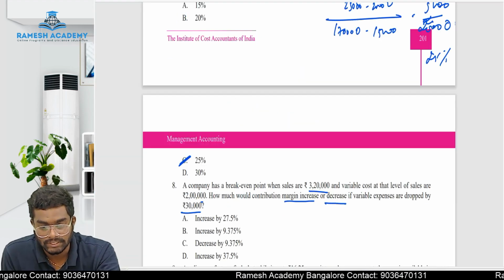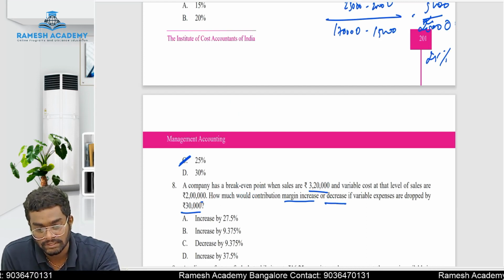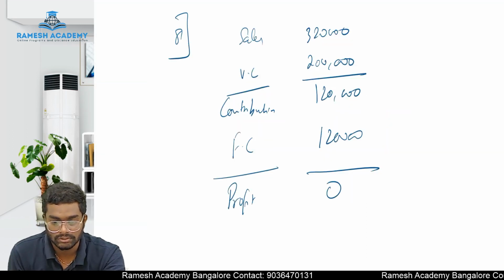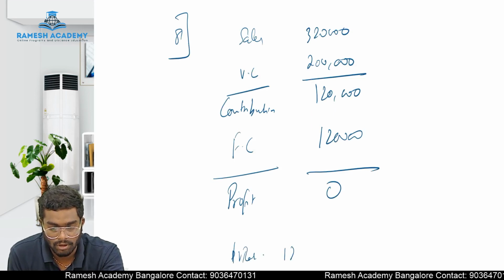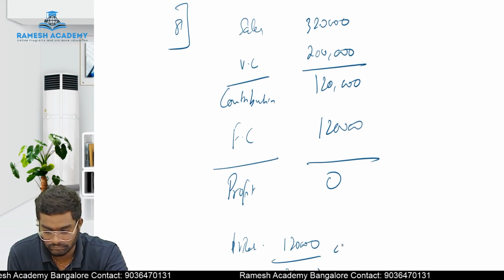Okay, now they are telling that how much the contribution margin will increase or decrease if the variable expenses are dropped by 30,000. So first I'll calculate the PV ratio here. PV ratio is 1,20,000 divided by 3,20,000. How much is that?